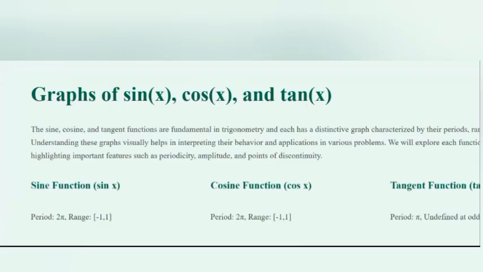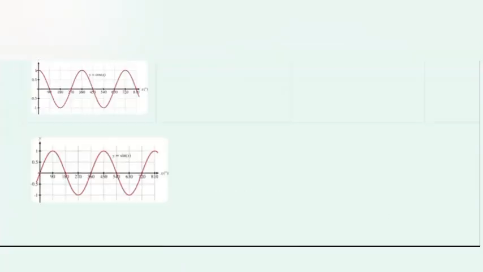Now, why did they say that these are the key points, right? Because if you look at it, this is the sine wave. The first key point mentioned is 0. Of course, it passes through the origin. The next one is 90, right? You trace it to the graph, it's one of the maximum points you have on the graph. Then 180 passes through the x-axis again, and 270 is one of the minimum points, right?